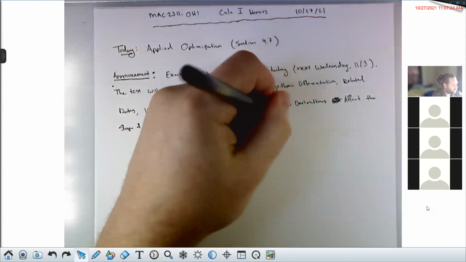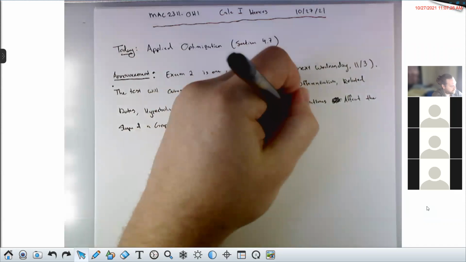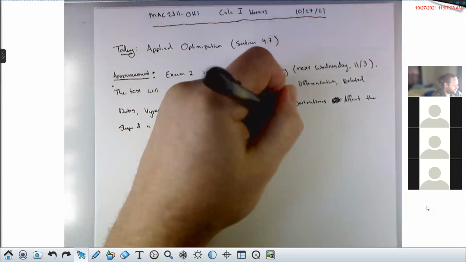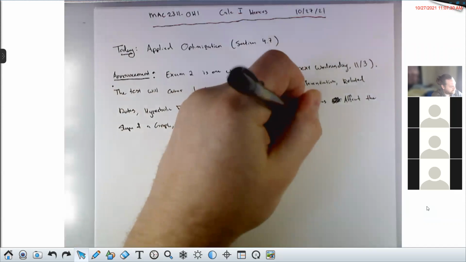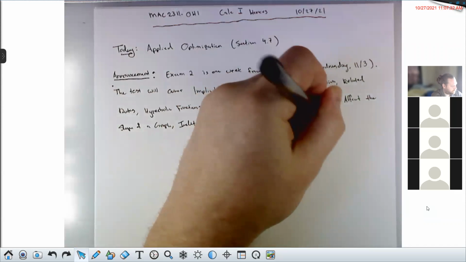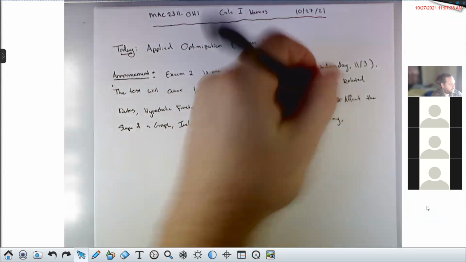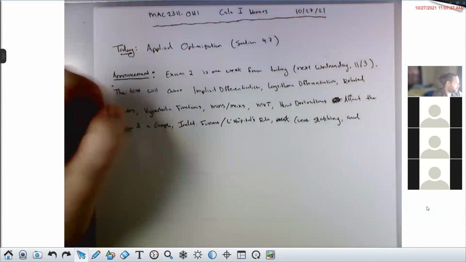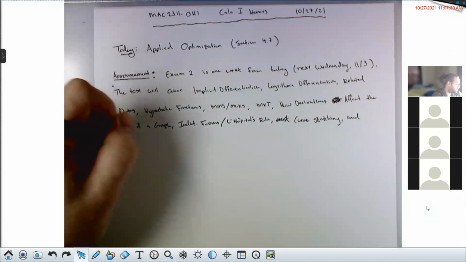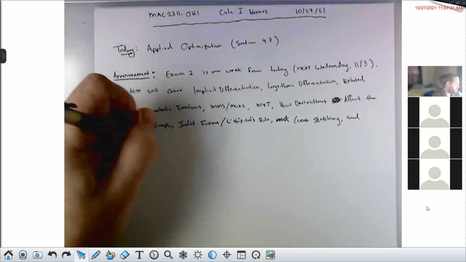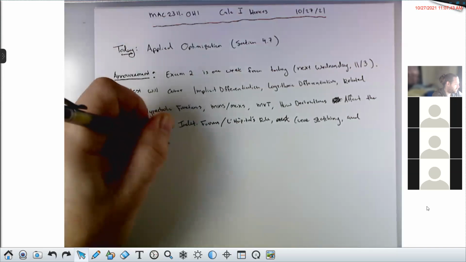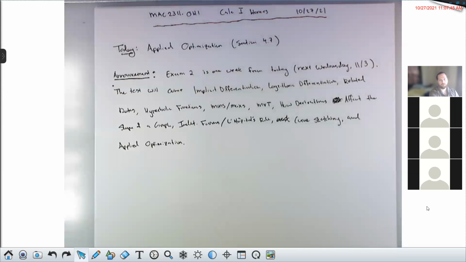Curve sketching, sorry, curve sketching. And applied optimization. All right, so those are the topics. And yes, the format will be the same as the last one.